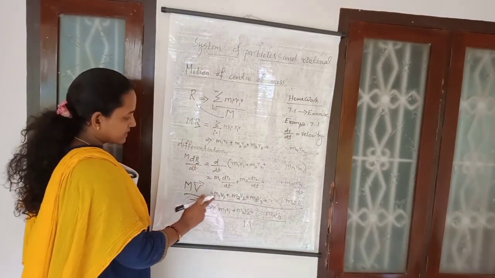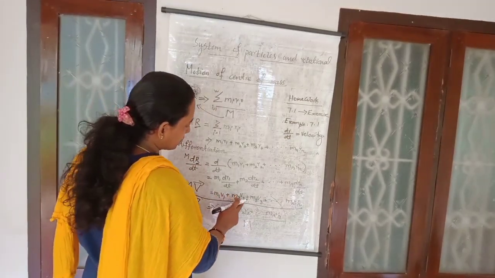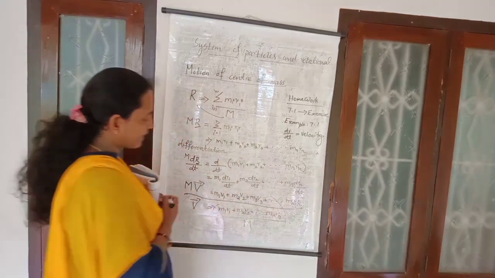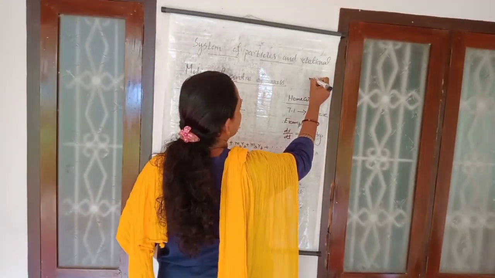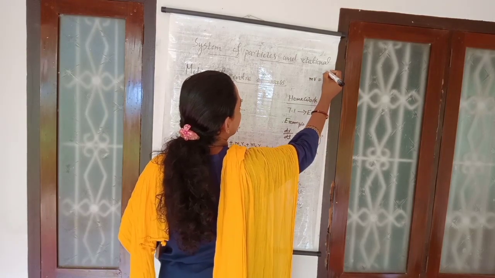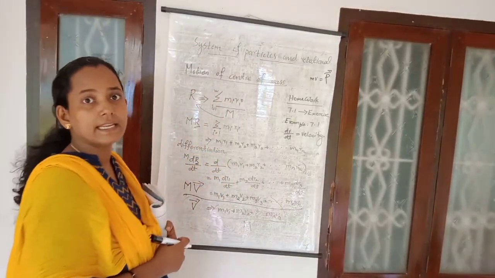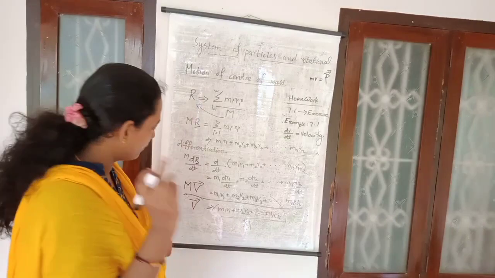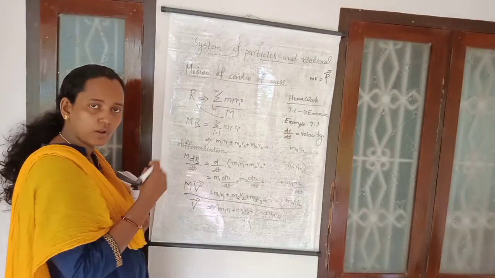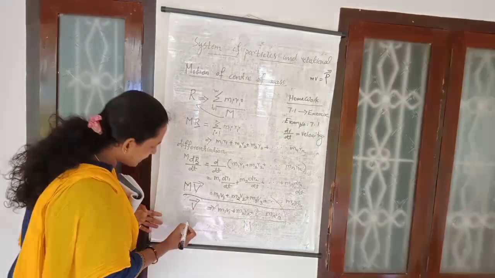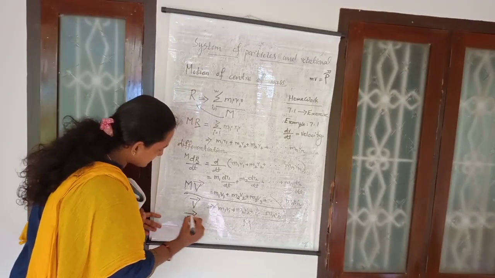So from here, M into V is equal to m1v1 plus m2v2 plus m3v3 plus etc. of mnvn. What is actually M into V? Mass into velocity of a system of particles stands for its linear momentum. M stands for the total mass of the system and V stands for the velocity of that center of mass, which is the momentum of that system.